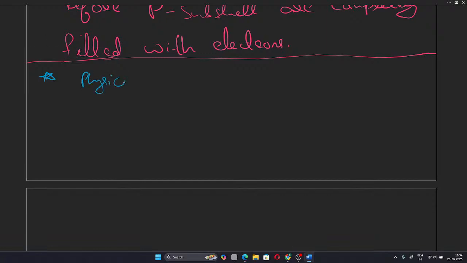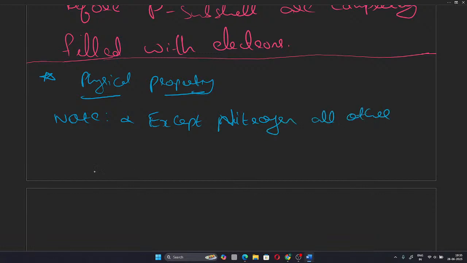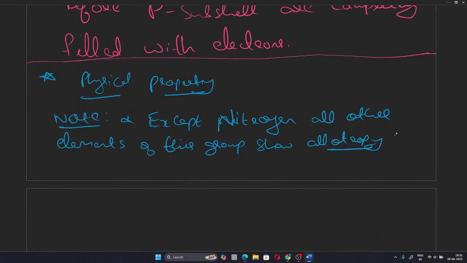I will not write all the points, but the note point is: except nitrogen, all other elements of this group show allotropy. This is a physical property.